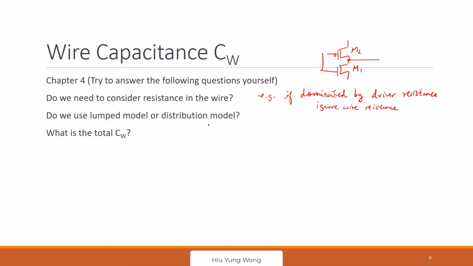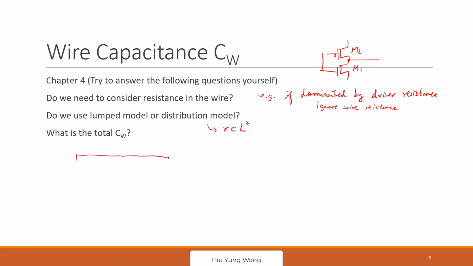Right? The lumped model is talking about what? The delay is proportional to the resistance per unit length times capacitance per unit length times L squared. Okay, and what is the total capacitance?